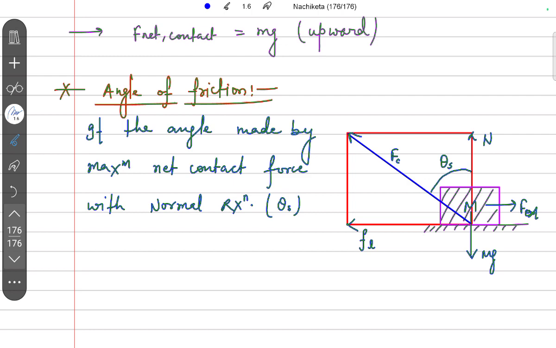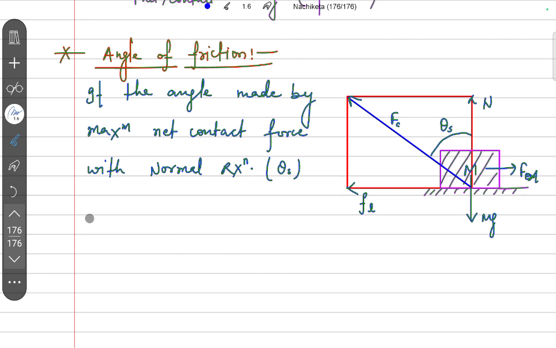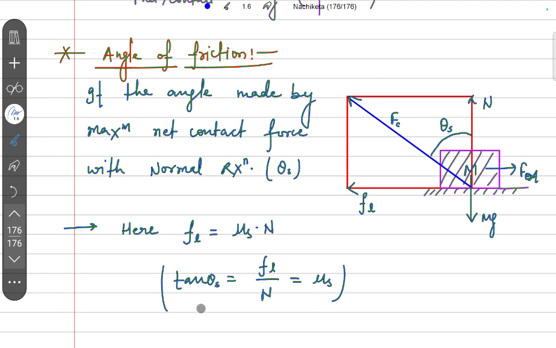So FL will become equal to what? Mu s into N. So tan theta s is nothing but FL upon N. Yes. Is it okay?